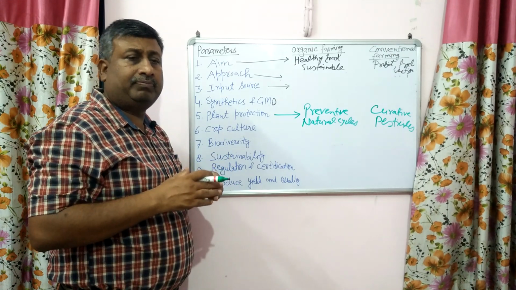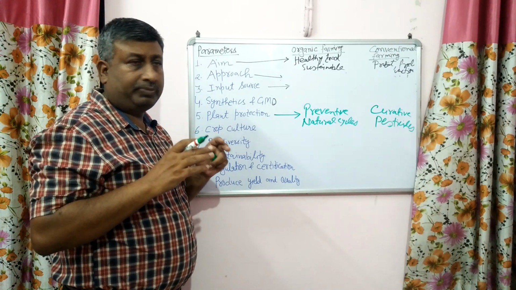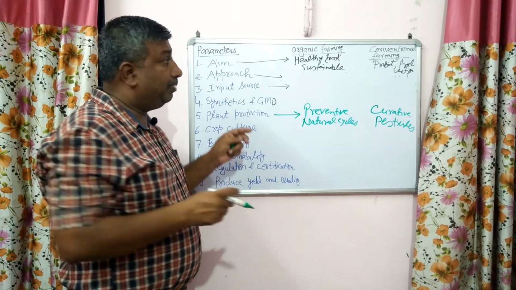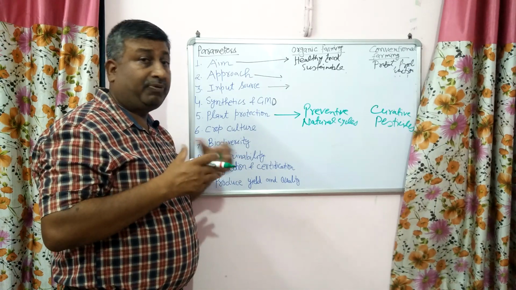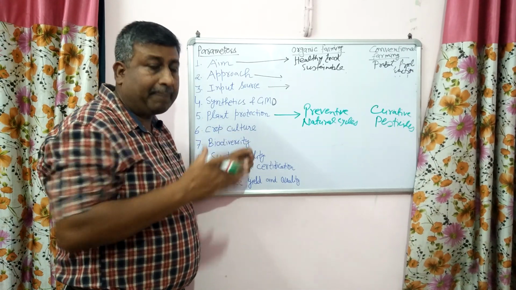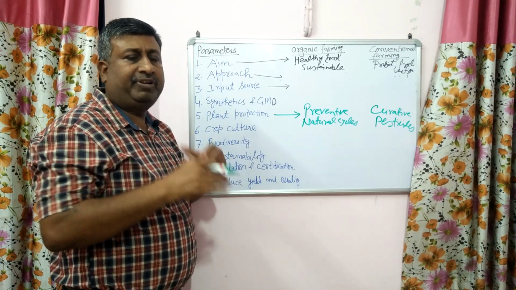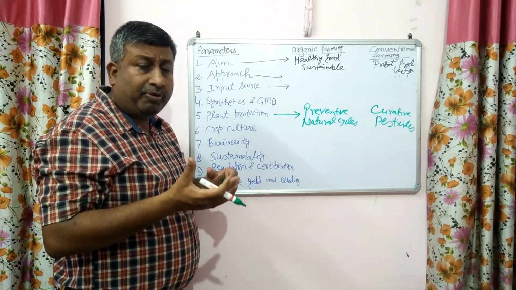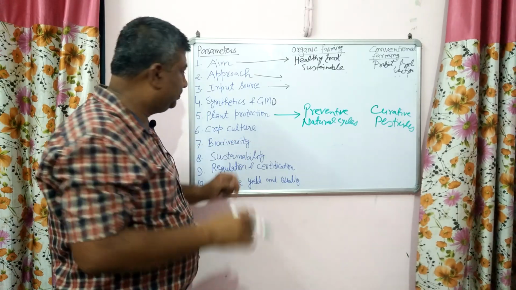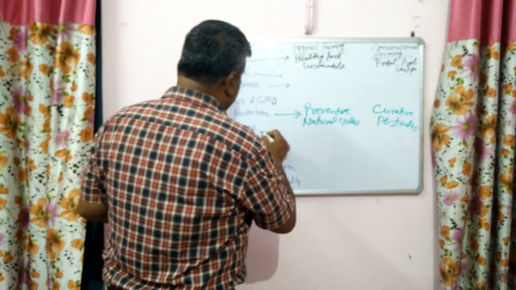In conventional farming, all things can be used, whether they are used in organic farming or not. But organic farming is strictly followed: what is to be used and what is not to be used has to be separate. In conventional farming, we are free to use any input, whether organic, inorganic, natural, curative or preventive, all types of inputs.